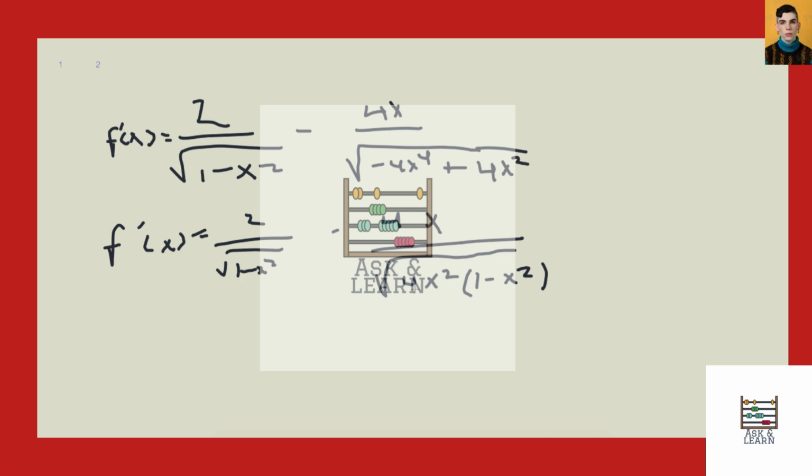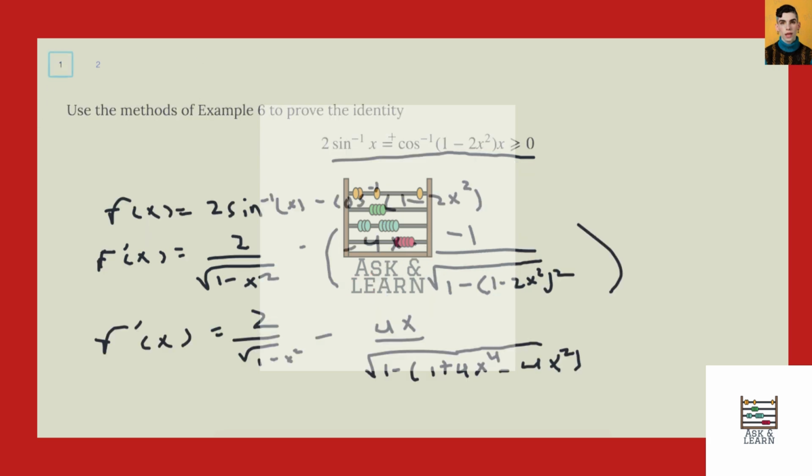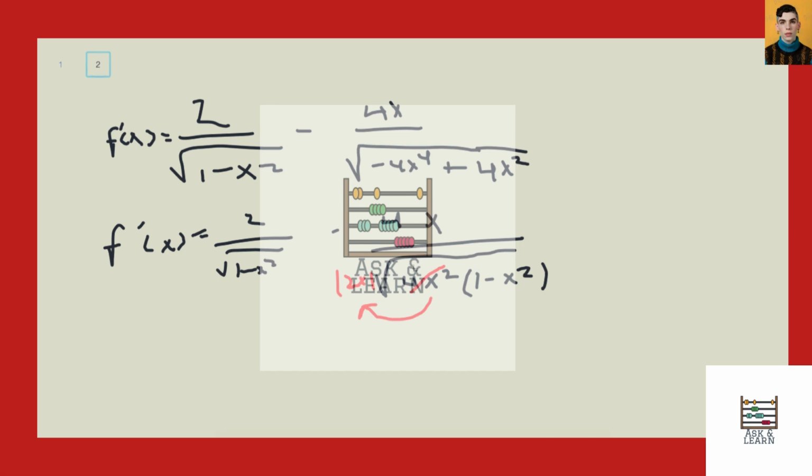And then you can actually bring out this 4x squared, because the square root of 4 is 2 and the square root of x squared is x. But be careful: if you pull a variable out of a square root, you have to put it in the absolute value symbol. But since we are dealing with positive x, because we're told x is greater than 0, the absolute value of a number greater than 0 is the number itself.